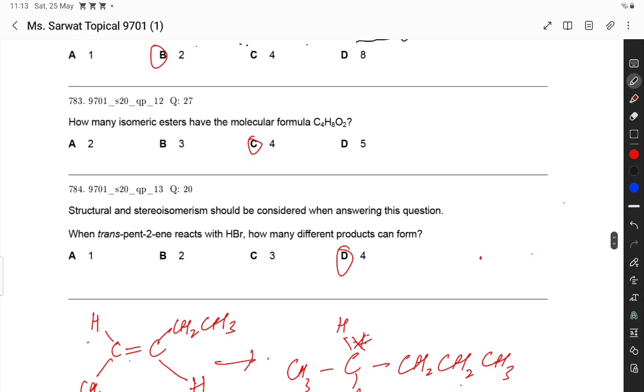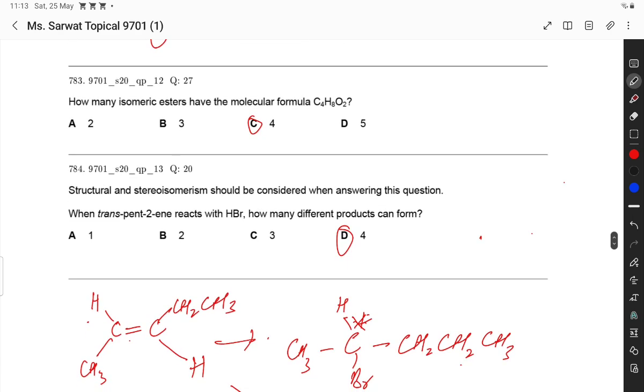How many isomeric esters have the molecular formula C4H8O2? 4 isomeric esters with C4H8O2, like this.